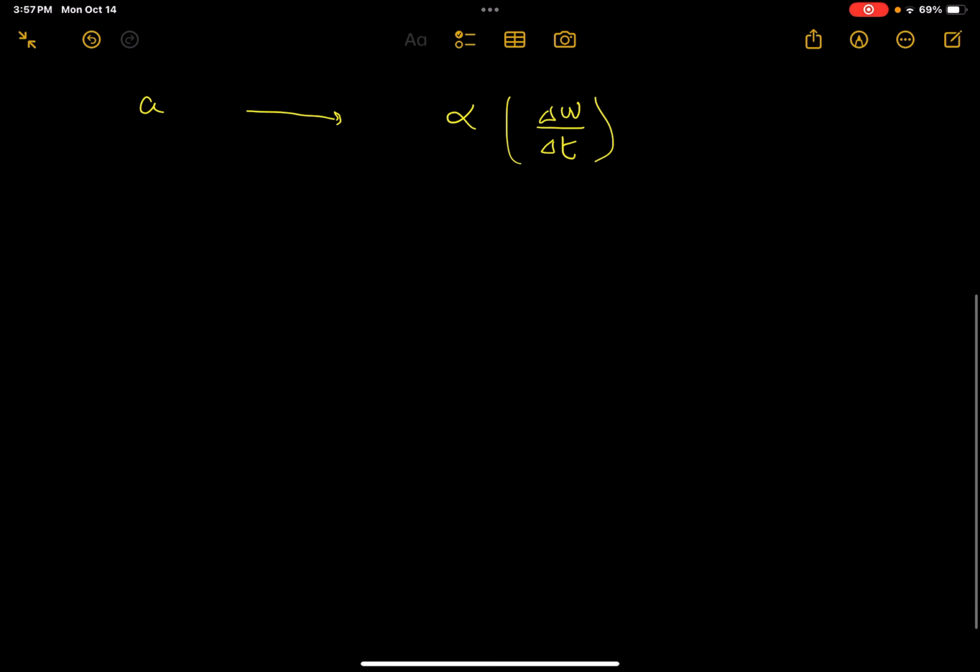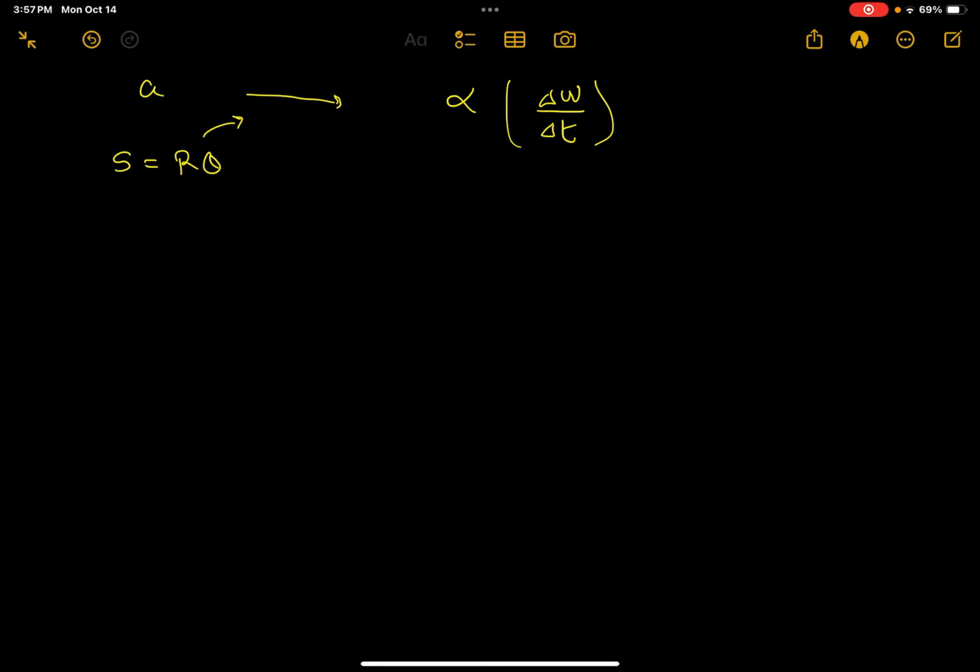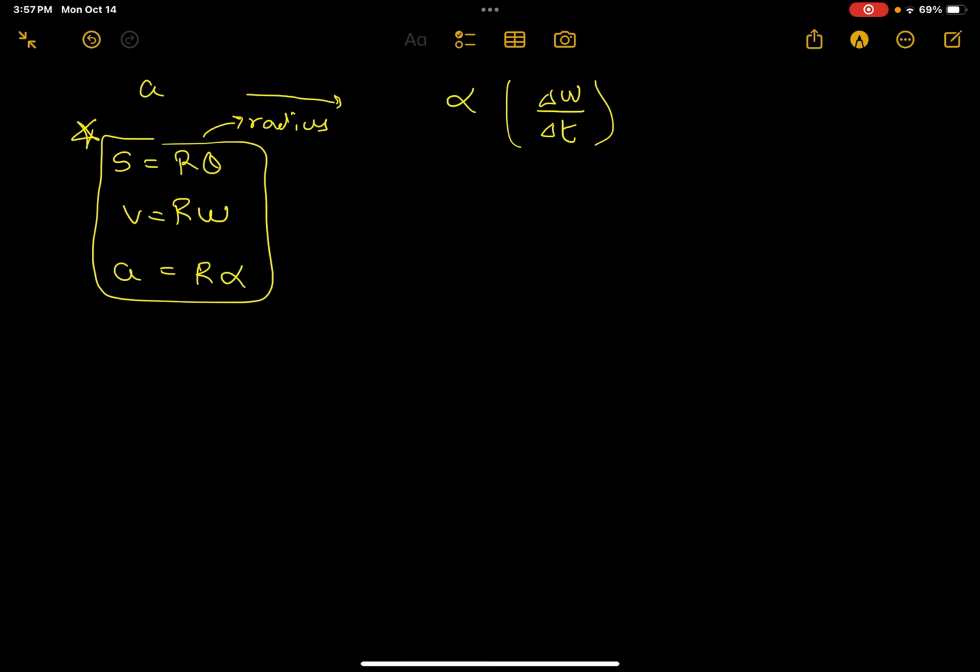Now we have our basic formulas. S is equal to r theta, where r is the radius. v is equal to r omega and a is equal to r alpha. These three are very important.